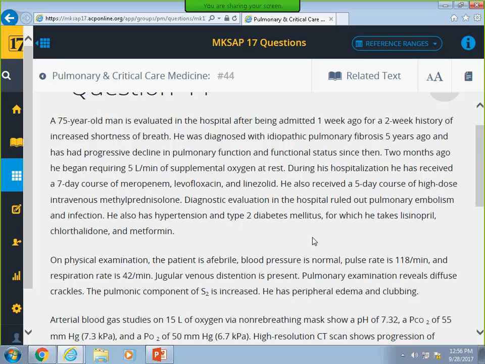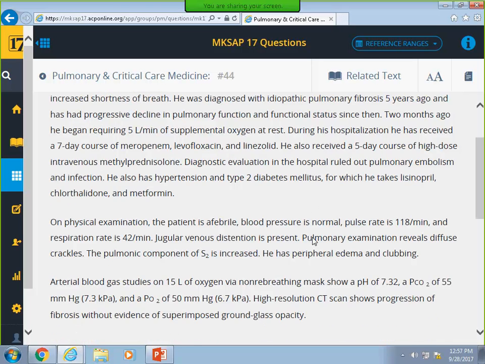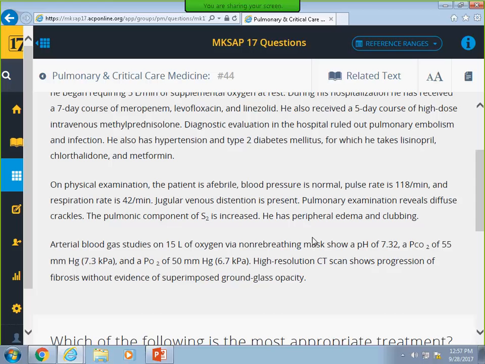So he has a diagnosis of idiopathic pulmonary fibrosis. He's 75 years old, and he has a progressive decline. He's on oxygen. He also already completed a dose of steroids. He already had an acute steroid, and other things have been ruled out. And then he has signs of JVD and a loud S2, like pulmonary hypertension, cor pulmonale.